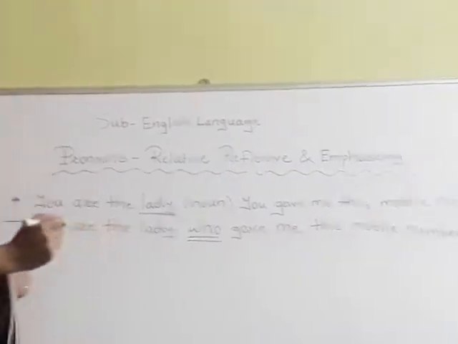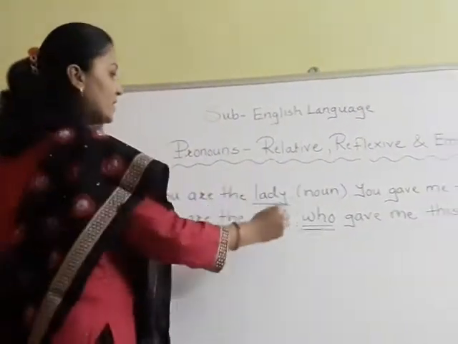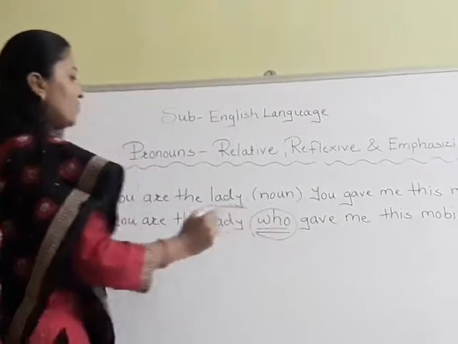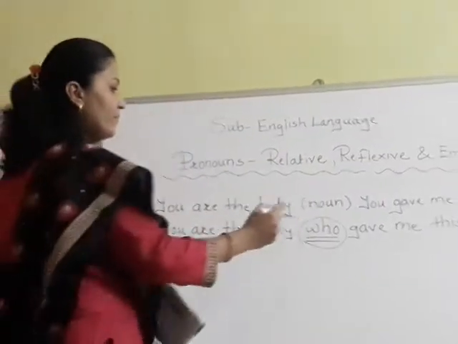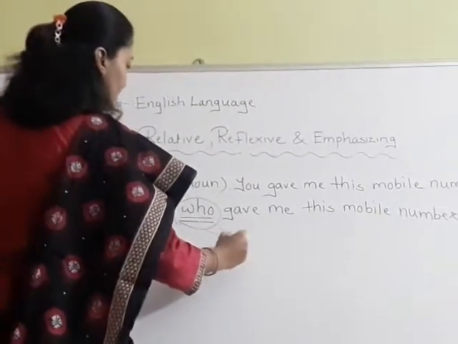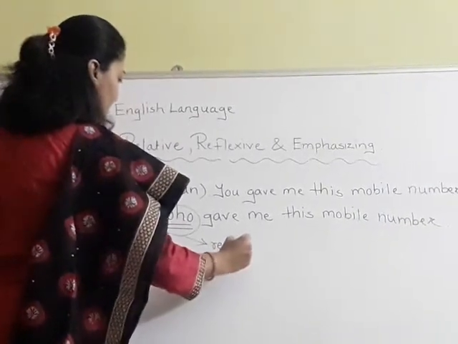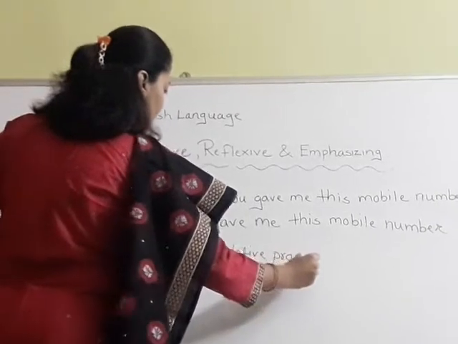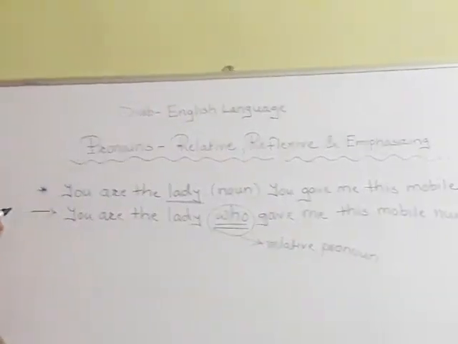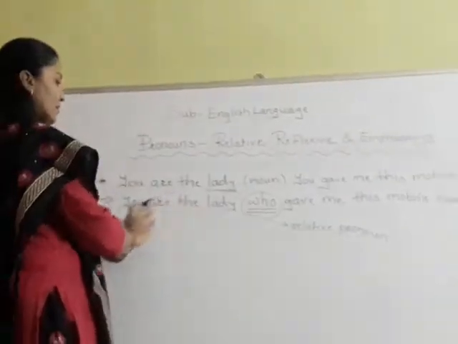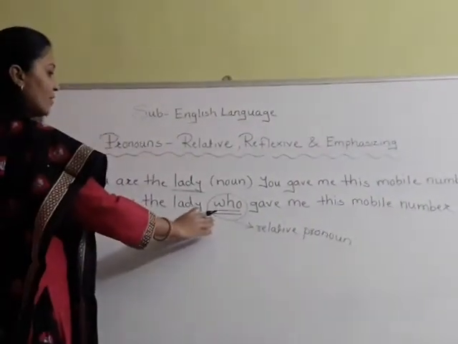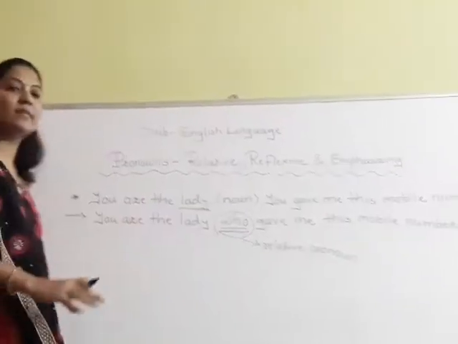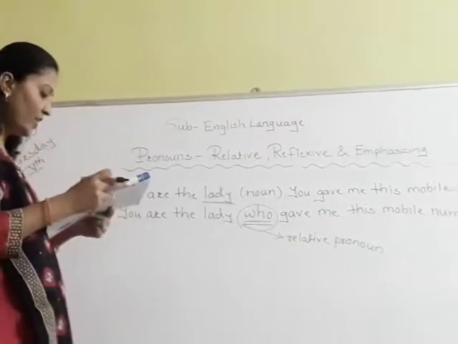So students, the word we have used here is who, and this word is the relative pronoun here. So have you understood? These two different sentences are joined by this word, and this word is the relative pronoun here.